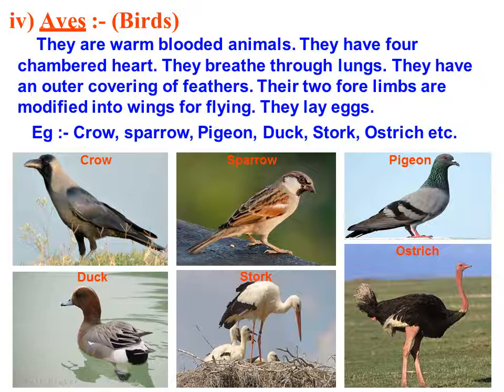And why can they fly? Because they have one more peculiar feature: their bones are hollow like a pipe, and that helps them fly easier. They have two forelimbs modified into wings for flying. And they lay eggs, as in the case of other vertebrates.